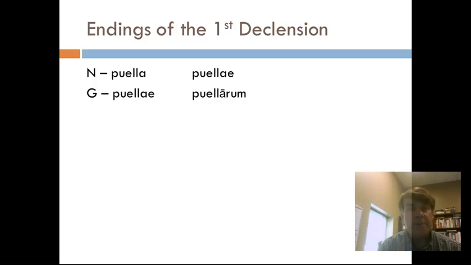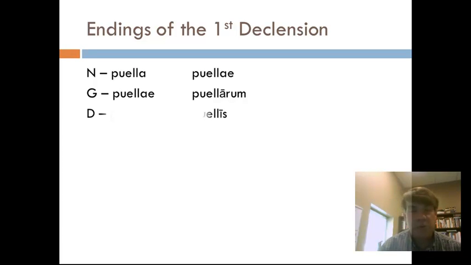Okay, now some of you out there have already noticed a problem, and I'm sorry, there's nothing I can do about it. If you invent a time machine, we can go back and shoot whoever came up with this. But a clever person might notice that the feminine plural, puellae, is the same as the genitive singular, puellae. How do I tell the difference?